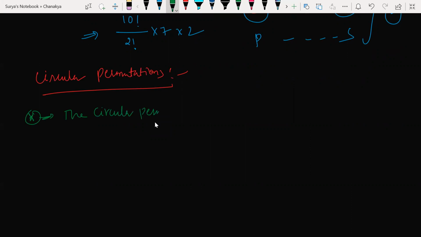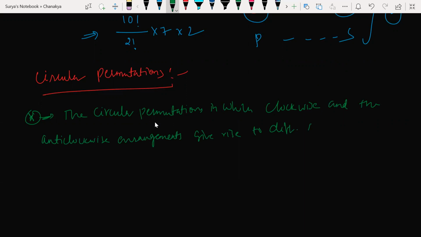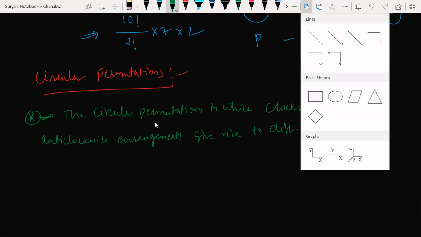The circular permutations in which clockwise and anti-clockwise arrangements give rise to different permutations. Take a look at this here.